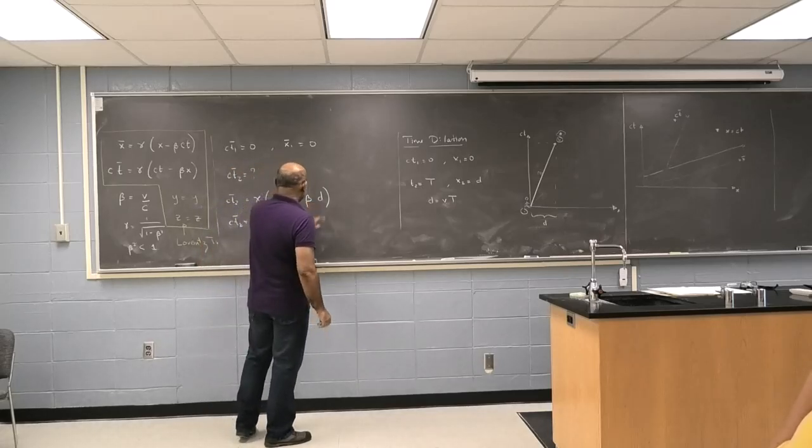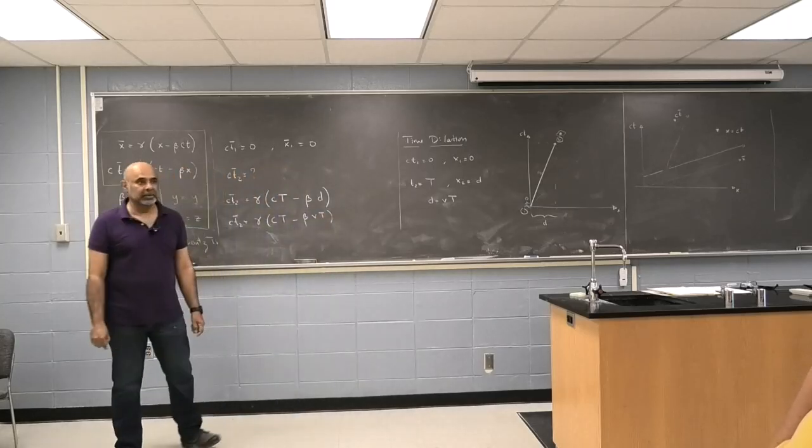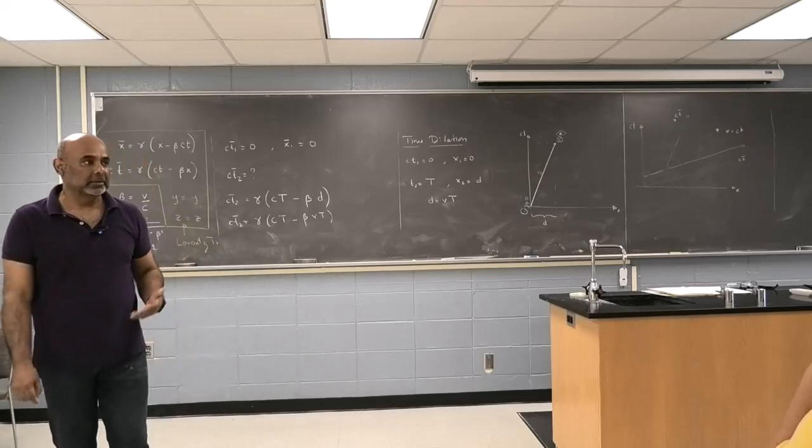Instead of D, I'm going to do beta times T. Correct?